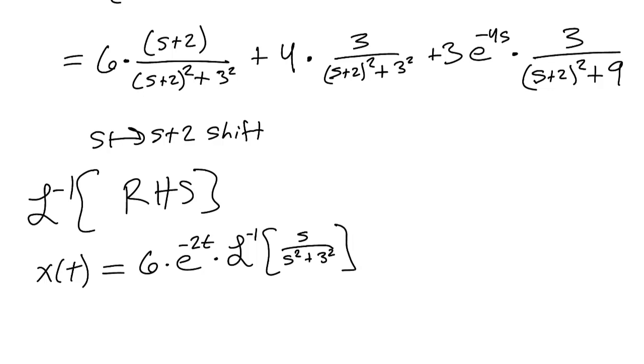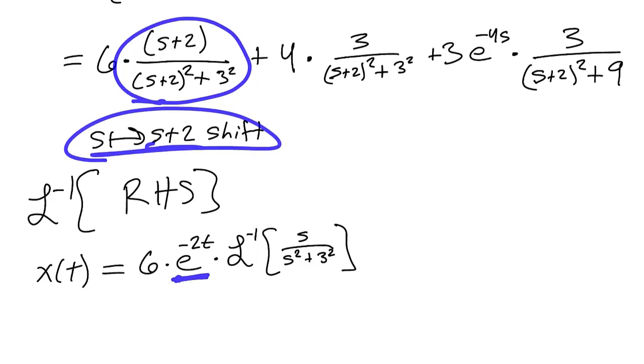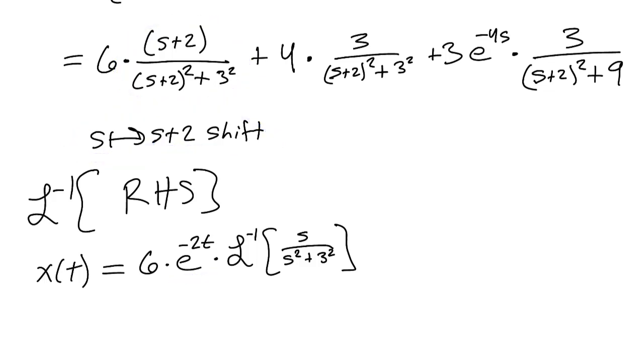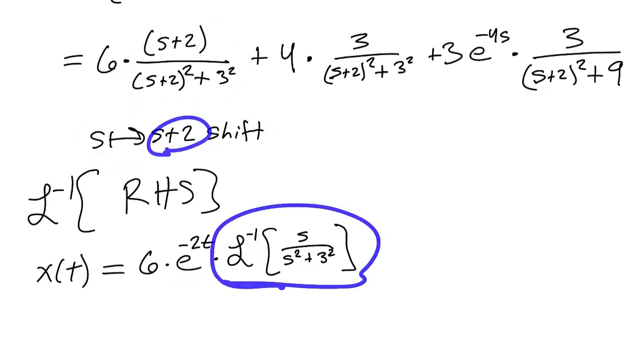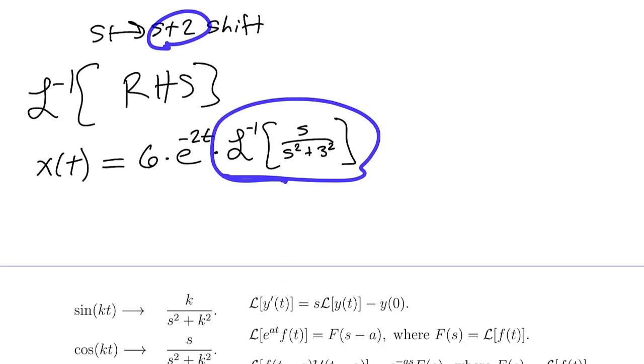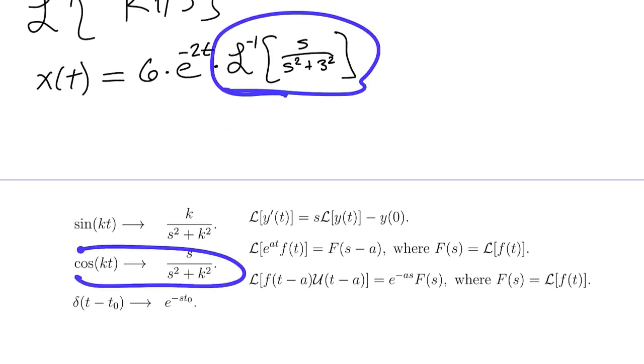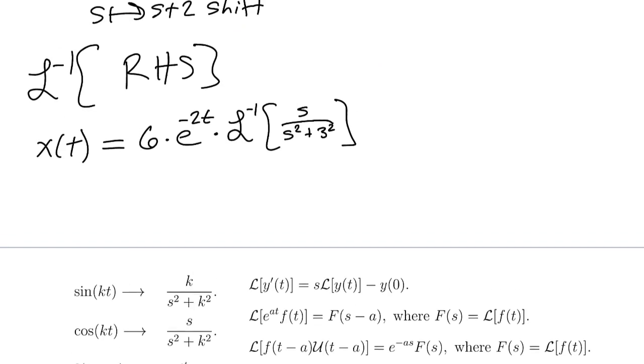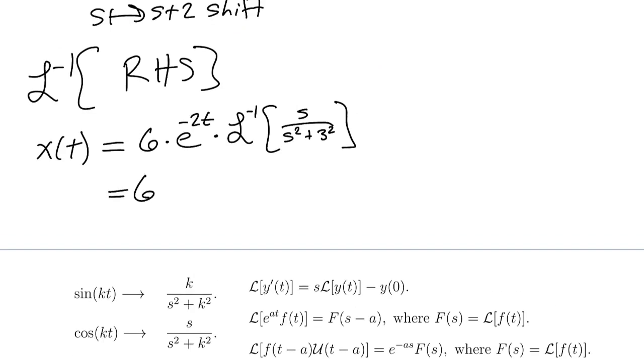This can be thought of as the s to s plus 2 shift, which generates an e to the negative 2t, times L inverse of the standard function, which is just cosine of 3t. So this will become 6 e to the negative 2t cosine of 3t.